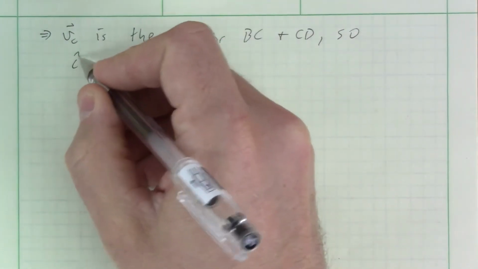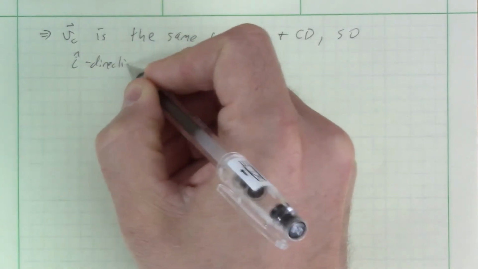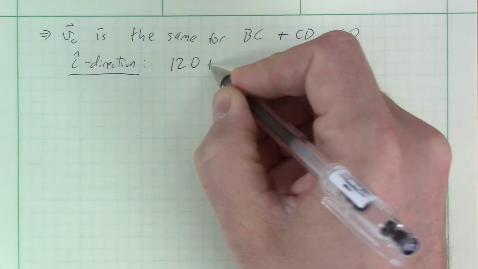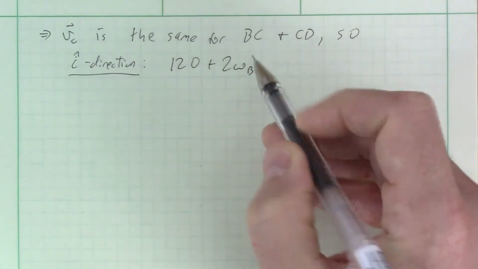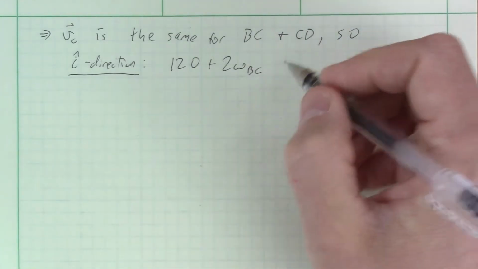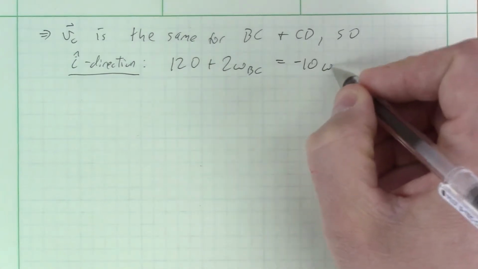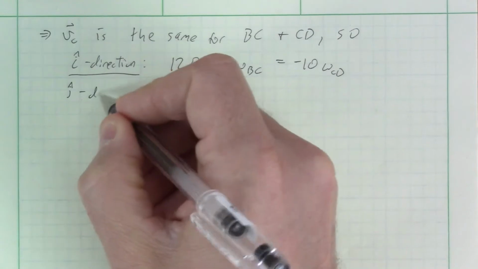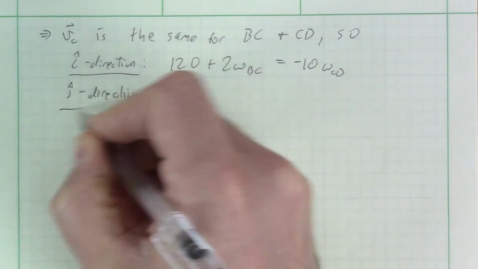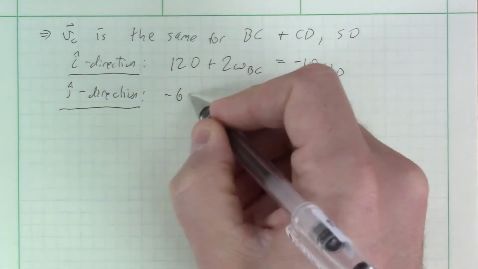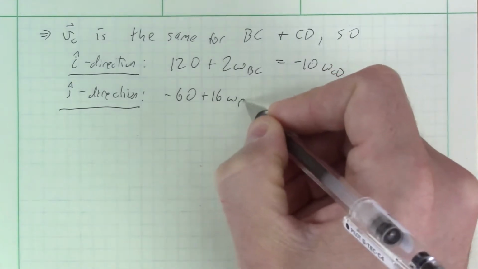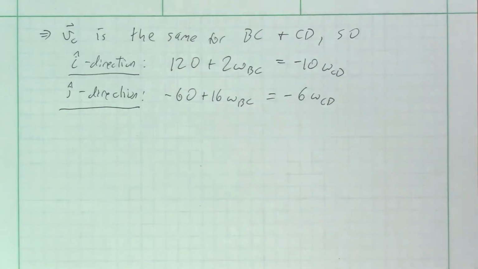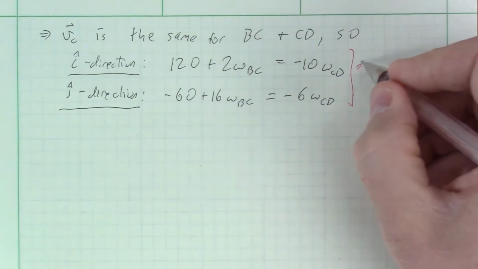So in the I hat direction, we get the relationship that 120 plus 2 omega BC, that's coming from the BC analysis we did, equals minus 10 omega CD, that's from the CD analysis. And then in the vertical direction, we have minus 60 plus 16 omega BC equals minus 6 omega CD. Two equations for the two unknowns.